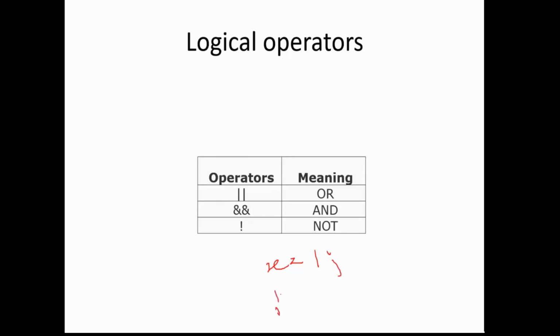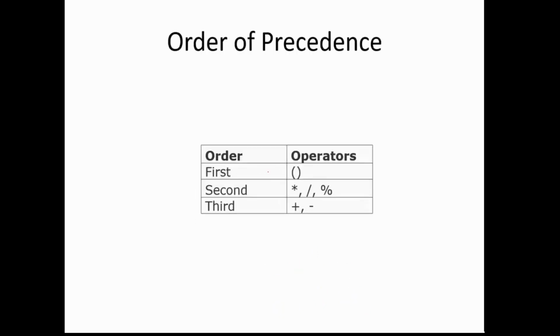If you say not x, the value will be 0, because not means the value will be inverted. Usually when you have logical operators, you will have a Boolean answer, that means a true or false answer. When we have 1, we use that 1 as true, and if we have 0 anywhere, we say it is false.